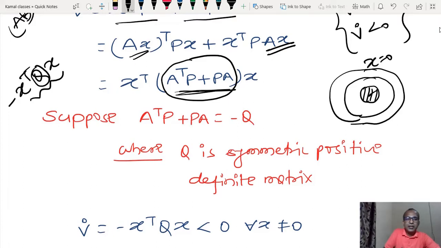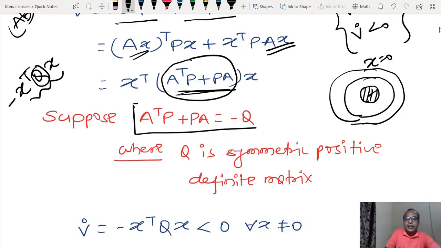In the previous class we have seen that if I select Q symmetric positive definite, then what is the condition on X transpose QX? Sir, it should be greater than 0. Yeah, greater than 0, and the negative sign is there, so then V dot will be less than 0. Yeah, less than 0.